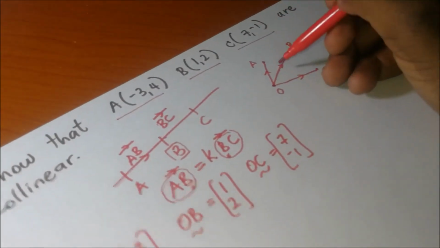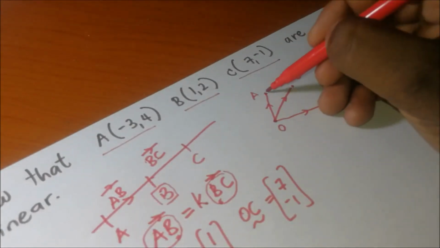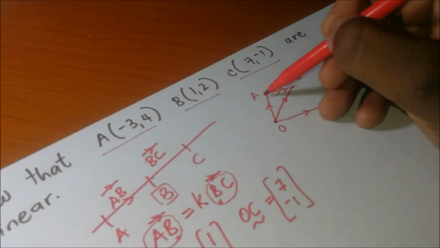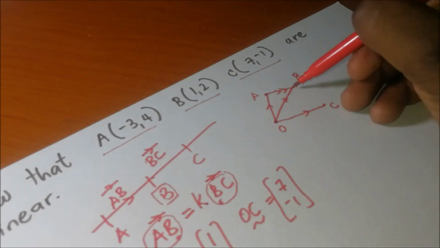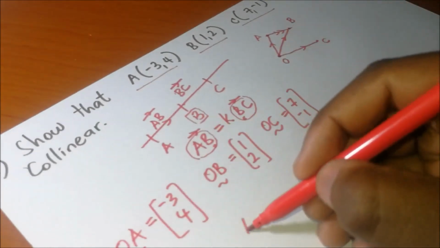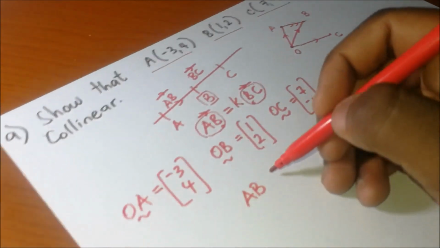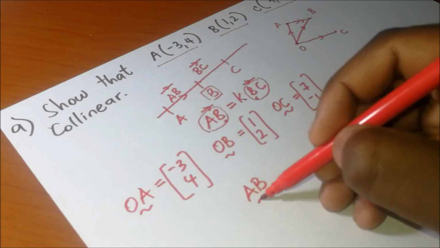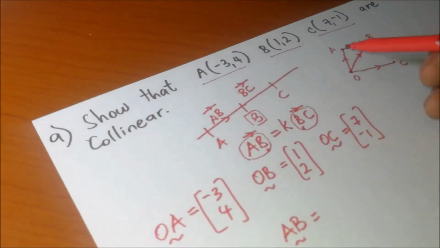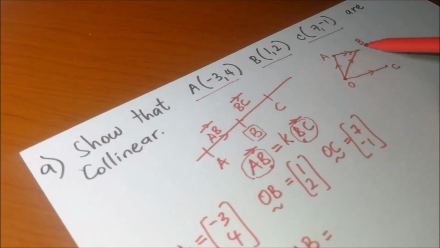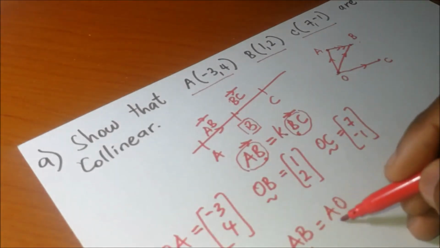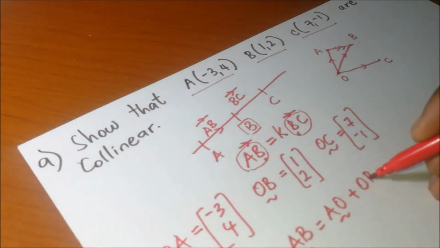So if I want to find A to B, for me to move from A to B means I'm going to first move from A to O, then O to B. So for me to find AB, according to my little diagram here, I have to first move from A to O, then O to B. So this is going to become AO plus OB.